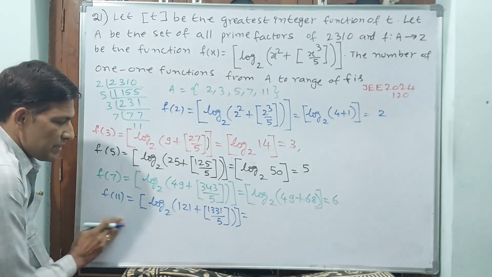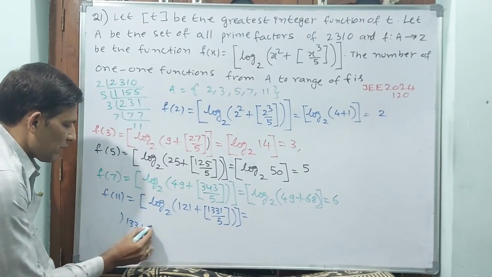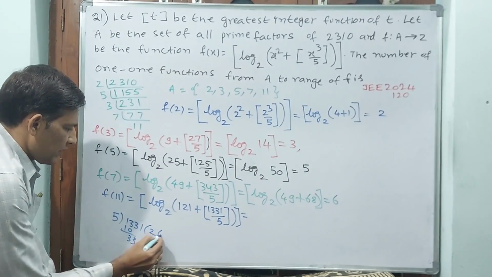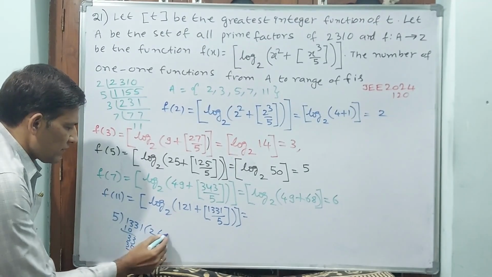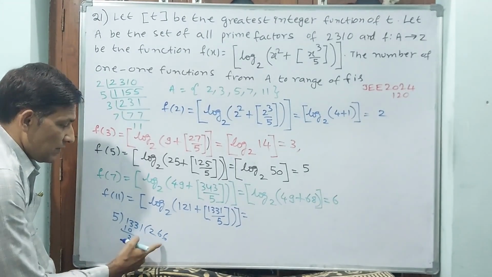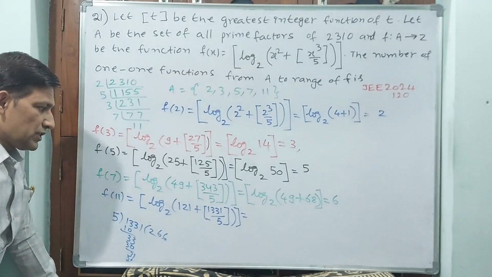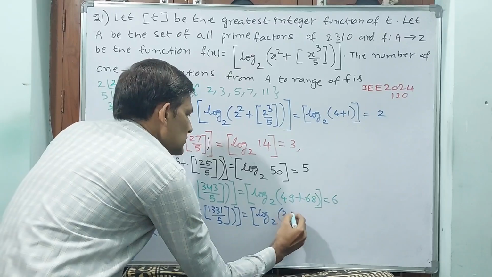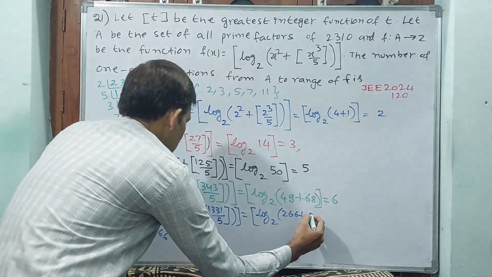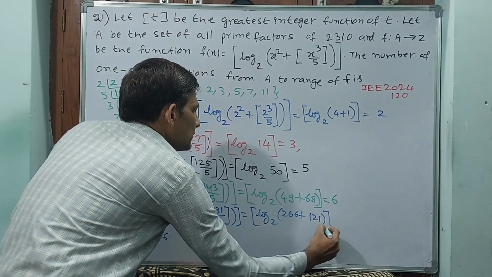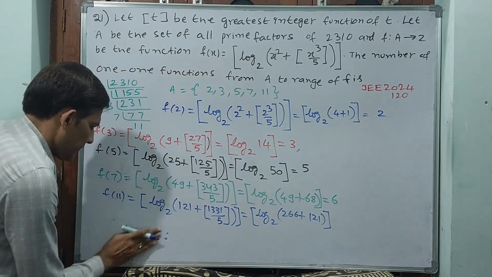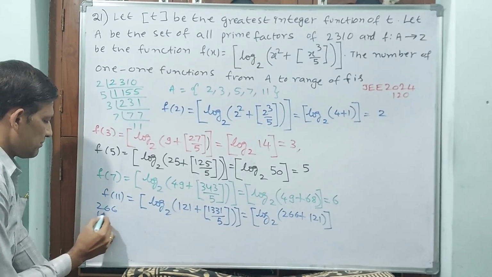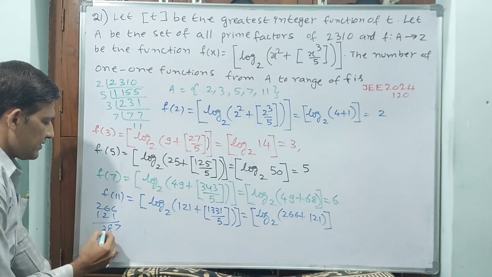Now we are going to deal with 1331 divided by 5. 5 twos are 10, 33, 5 6s are 30, 31. 5 6s are 30. Okay, 266. 266 plus 121.